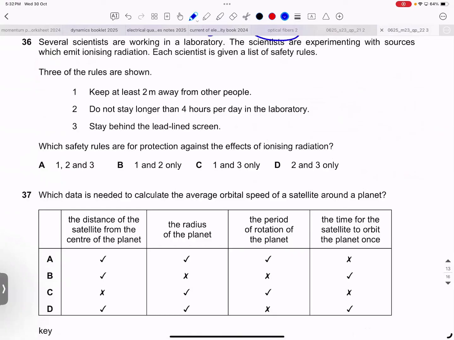Keep at least 2 meters away from other people. You are not supposed to stay away from people, you are supposed to stay away from the source. One is wrong. So nothing is left here. Short time exposure, okay, good. Stay behind the lead line, yes.